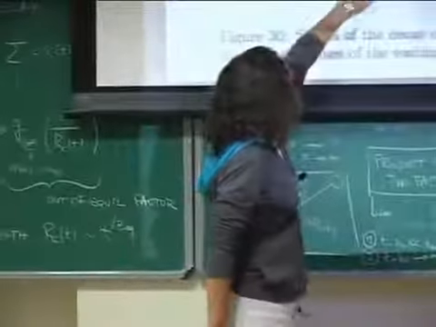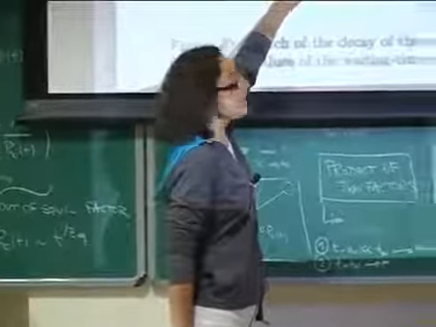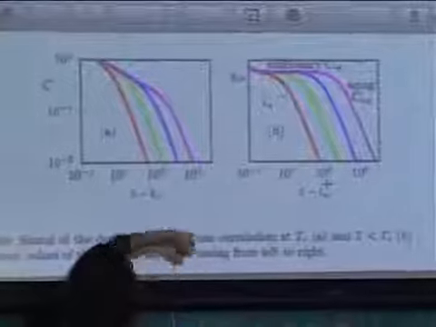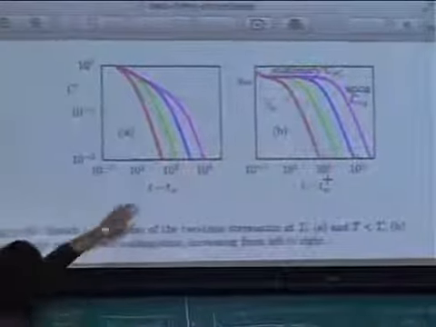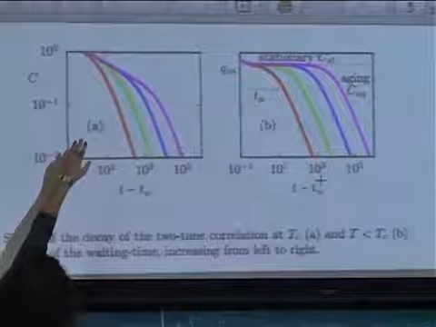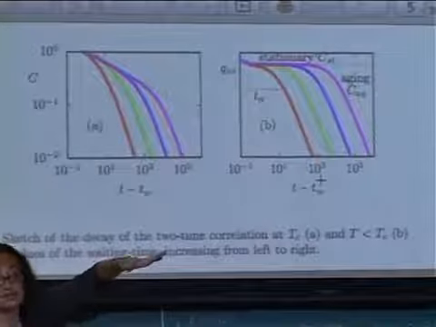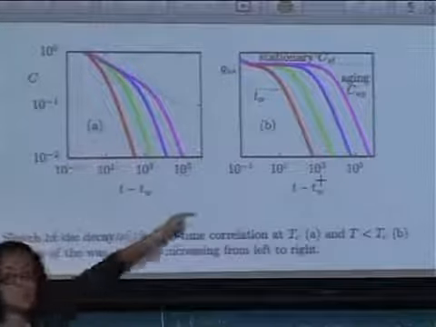This is just to recap what I've said. This is the behavior that you should see in a quench to the critical point, with different colors corresponding to different waiting times. The multiplicative separation of timescales at the critical point is seen in the fact that there is no plateau at a finite value of the correlation function, but instead an envelope that goes to 0.